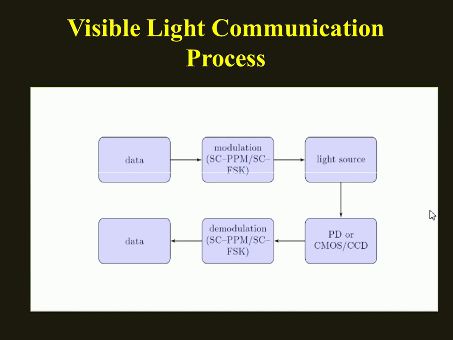First, the data is sent to the modulation, where the data is converted into the carrier signal, and it is sent to the light source, where the light signal is passed to the photodiode or CMOS or CCD image sensors, which are built into digital cameras, and from there the data is sent to the demodulation, where the carrier signal is demodulated into the data.